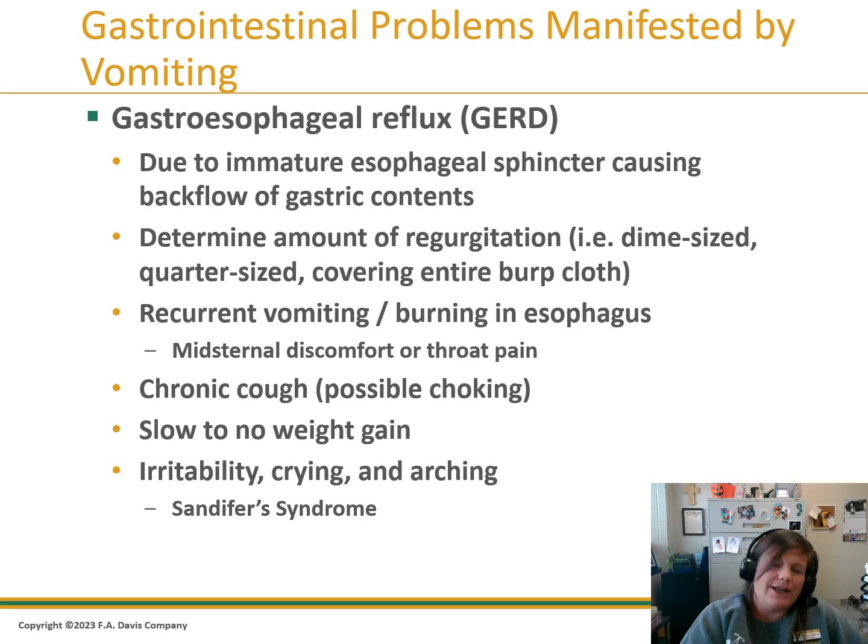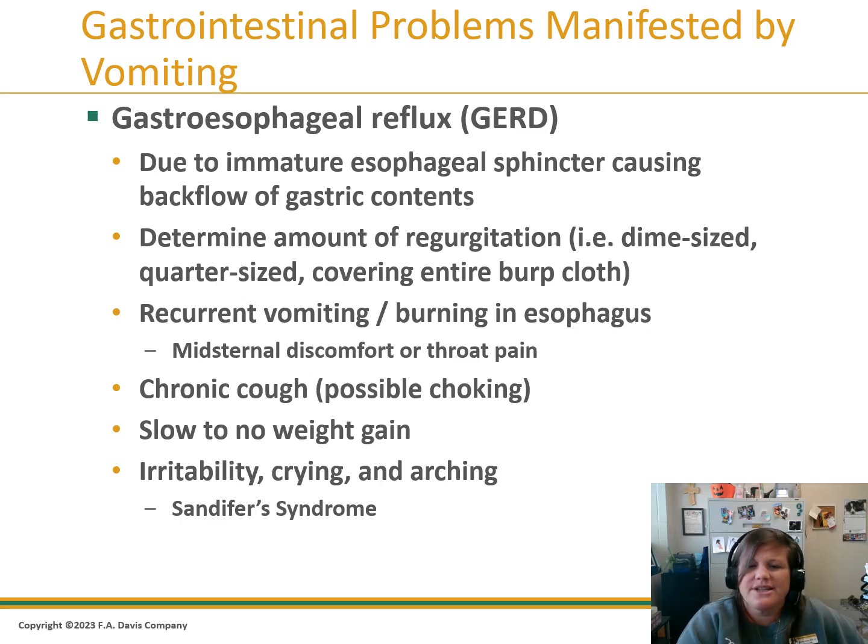Kind of going back to chapter 8, we don't recommend adding cereal to bottle feedings. That's something that a pediatrician has to order, okay? And that's just because of what? Well, I can't hear your answers, but I'm hoping you're thinking choking, aspiration risk, okay? That we would rather them have that introduction of solid food with a spoon than being added to the bottle, because we run the risk of them choking and aspirating if they're having to swallow these thicker substances.